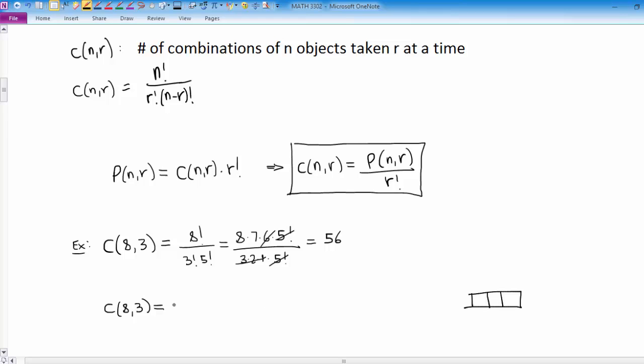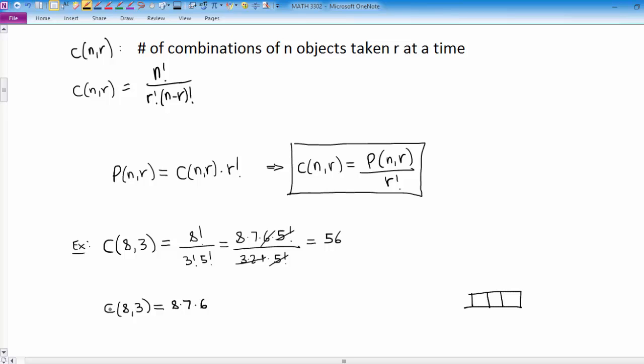You can simply think about the 3 objects and then multiply the 3 factors. So we have 8 books available and you're picking 3. So there are 8 possibilities for the first book, 7 for the second, and 6 for the third book. Now, that expression will give me the number of permutations.